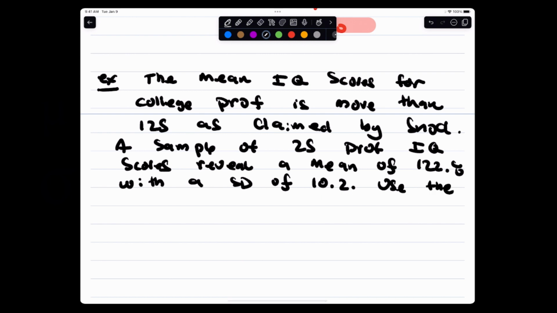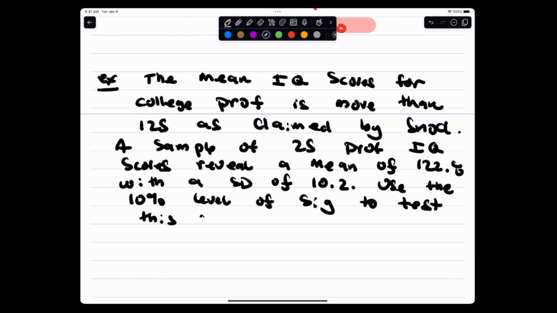Use the 10% level of significance to test this claim. We'll give you guys some time here to try this out. Use the t-test. It's a small sample.